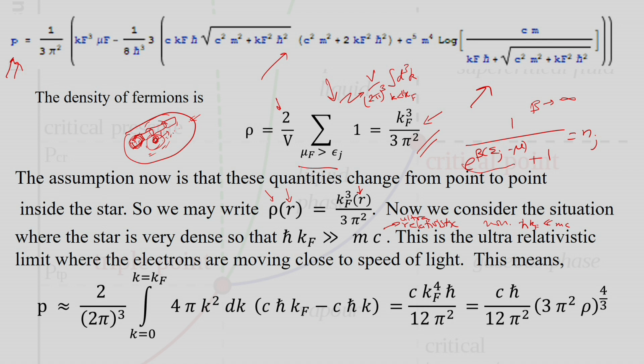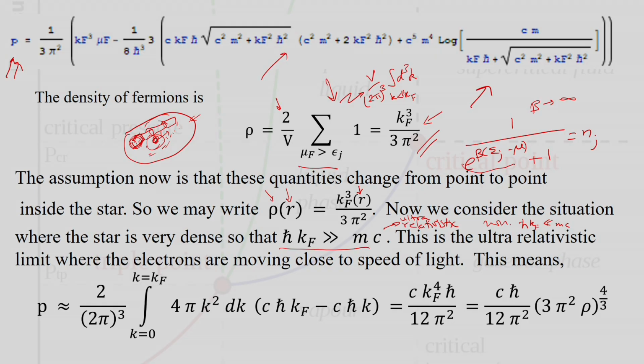In this case E is close to p squared by 2m plus a constant, and you can go ahead and do that and you get a result. I am going to tell you what result we will get for that. I won't derive it, I will just mention it, but what I am going to derive is this ultra relativistic limit, which leads to the famous Chandrasekhar's mass limit of the white dwarf. So, let us get on with it.